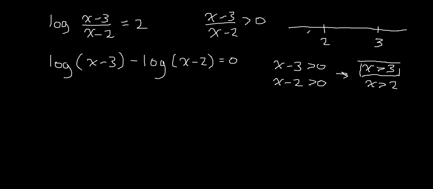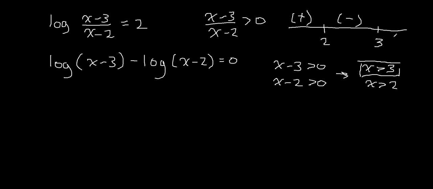So if you take a test point at x less than 2, let's try 0. 0 minus 3 is negative 3, 0 minus 2 is negative 2, negative 3 over negative 2 is a positive number. If you try a test point at 2.5, 2.5 minus 3 is negative 0.5, 2.5 minus 2 is positive 0.5, a negative over a positive is a negative.